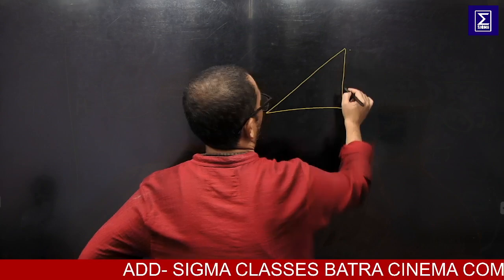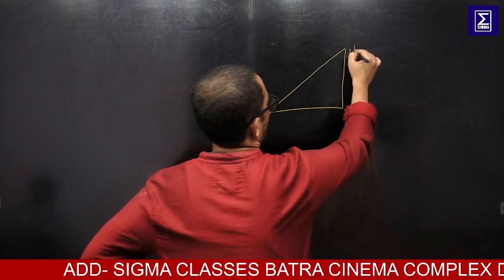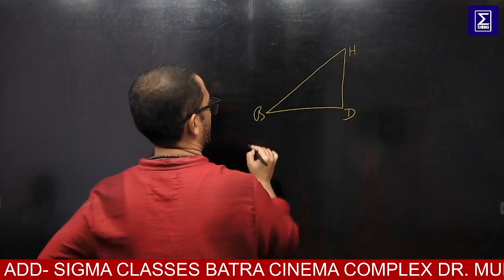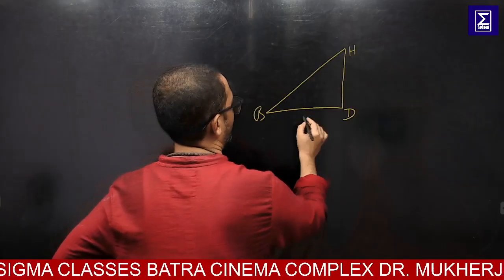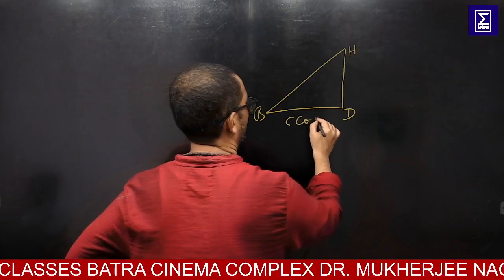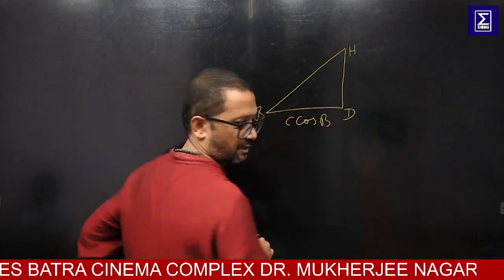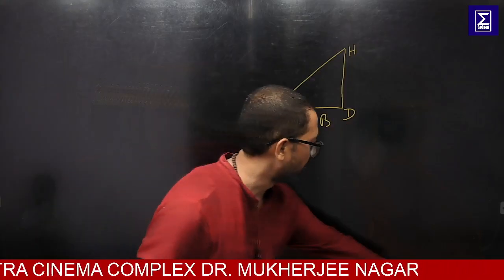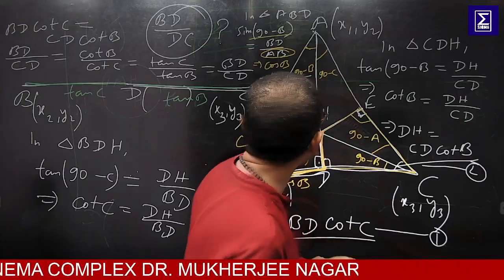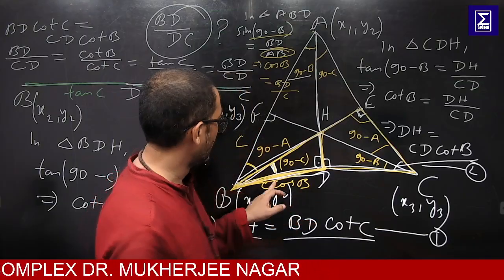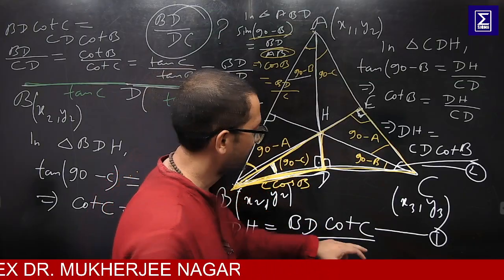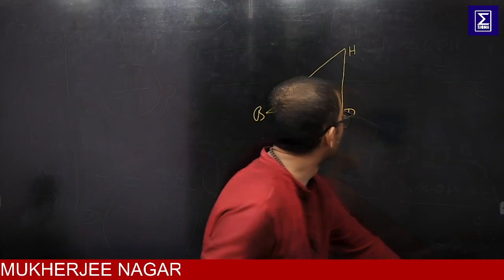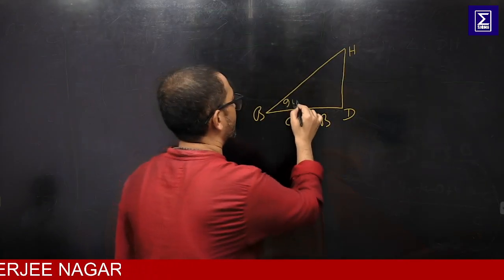This is your D, this is your H, this is your B. What was BD? Was that c cos B? You can verify it. c cos B. And what is this angle? 90 minus C.